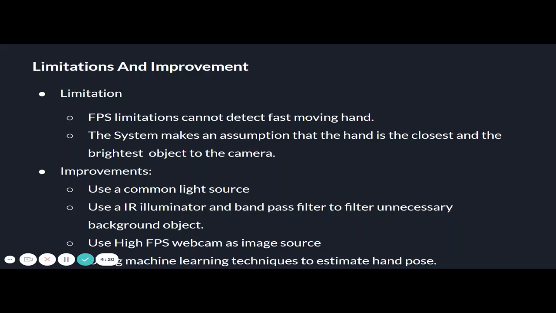So let's see what limitations and improvements we can make to our existing system. First limitation is the FPS limitation, it cannot detect fast moving hands. Second, the system assumes that the hand is the closest and brightest object to the camera.